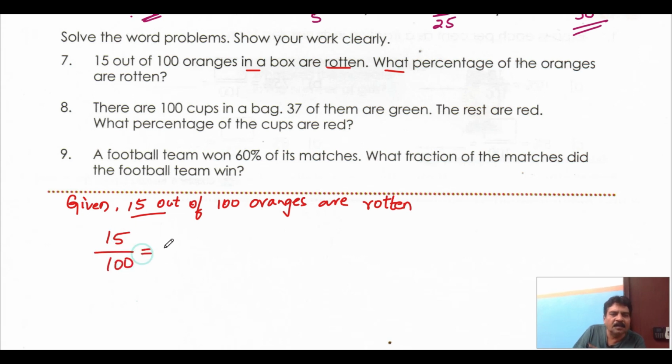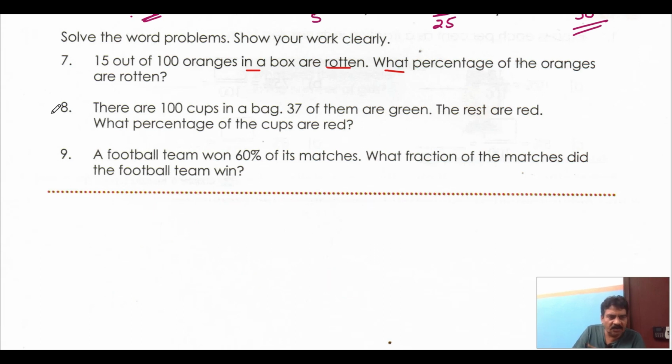So now you got the percent, that is 15%. Therefore, we can say 15% of oranges are rotten. This is your answer.